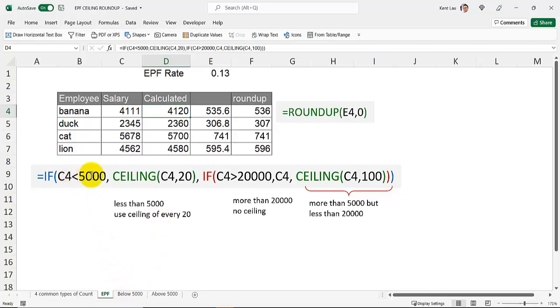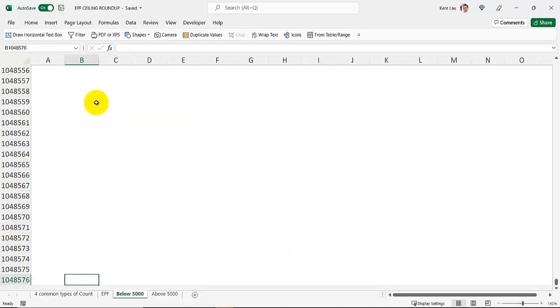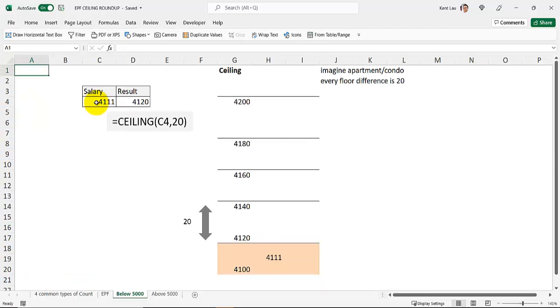For a salary below 5,000, the EPF uses this. So what is ceiling? Suppose the person's salary is 4111, and you imagine that it's an apartment, and the very ground is 4100. As it moves up another level, it adds 20.